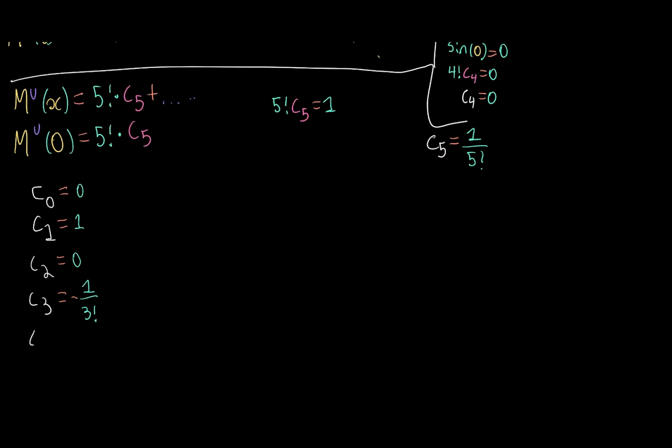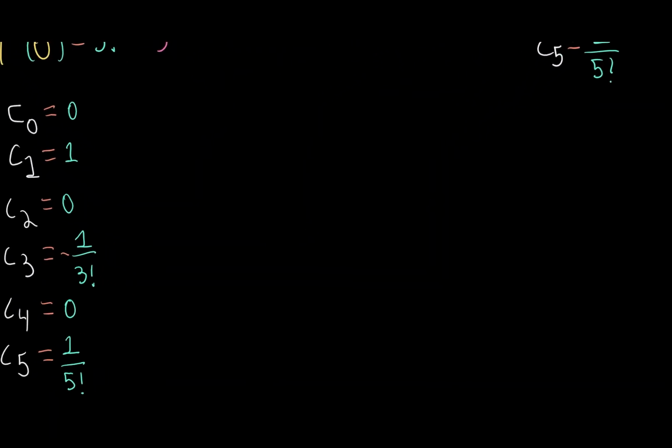C4 is equal to 0. And C5 was equal to 1 over 5 factorial. And there might be a pattern you can notice already.